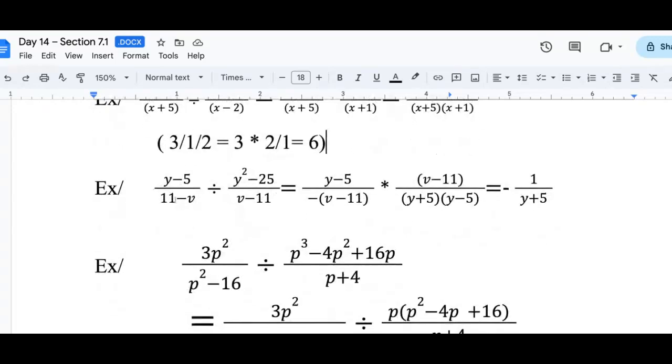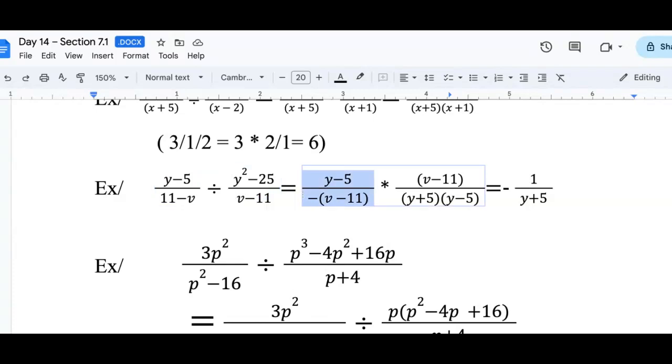Next one, y minus 5 divided by 11 minus v, divided by y squared minus 25, difference of two squares, divided by v minus 11. Well, what's the relationship between 11 minus v and v minus 11? The additive inverse. If we add those two, we get 0. So it also means one is a negative of the other.